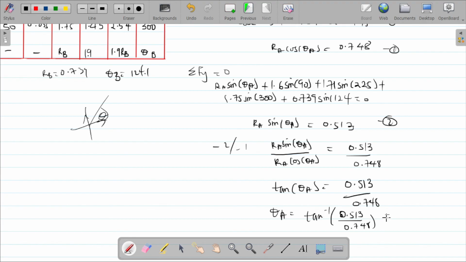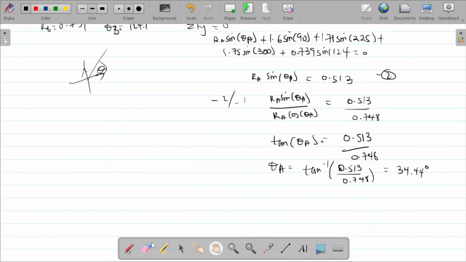And that gives us 34.44 degrees, right? So now we know the angular orientation.